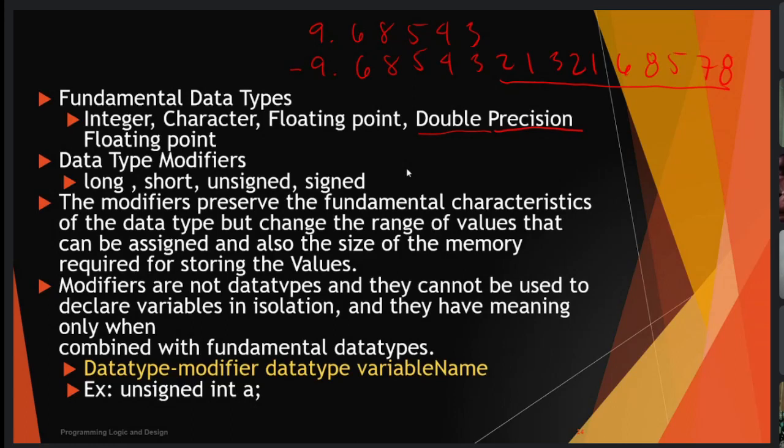Okay? So the modifier is bundled. So, for example, as you can see there, you have the data type, and the data type is integer. The variable name is A. And the data type modifier is the word unsigned. Okay?